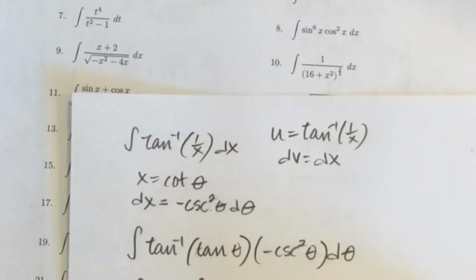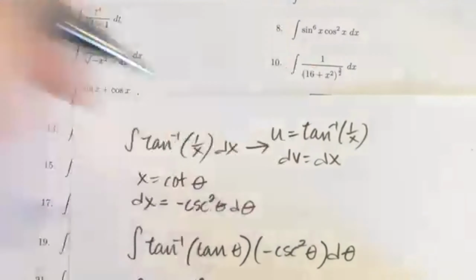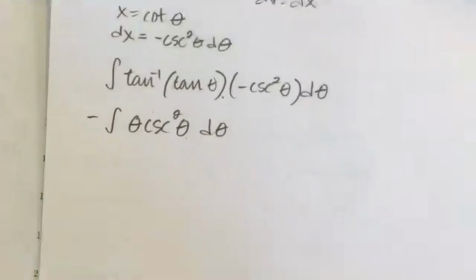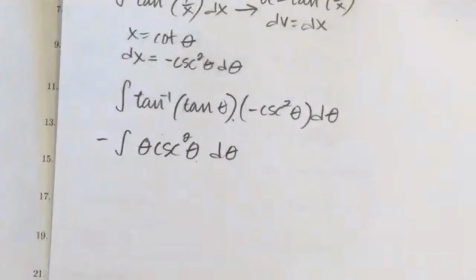But remember, parts are disguised when one of them is going to be 1. So you could have either tried parts originally, or you could try this and then end up using parts down here at the bottom. I certainly like your approach. I think it was easier than mine, and it's much more obvious that it's parts now than it was before.